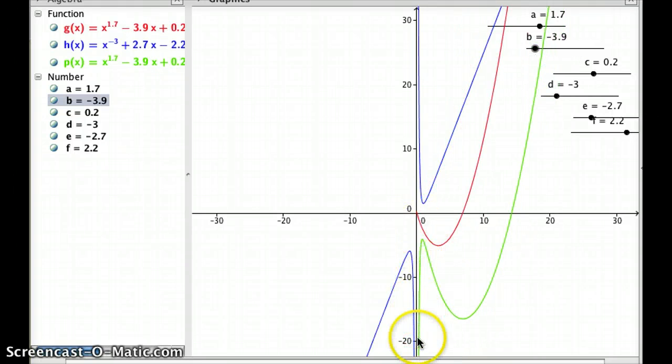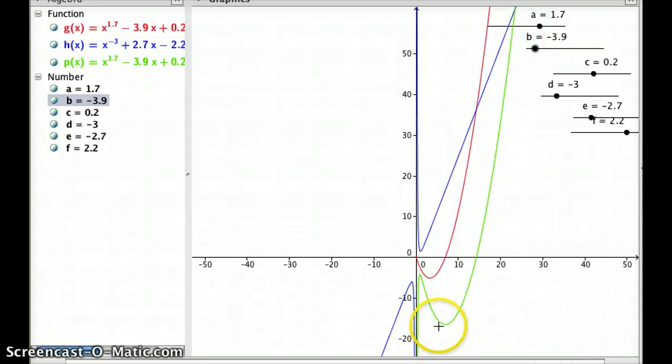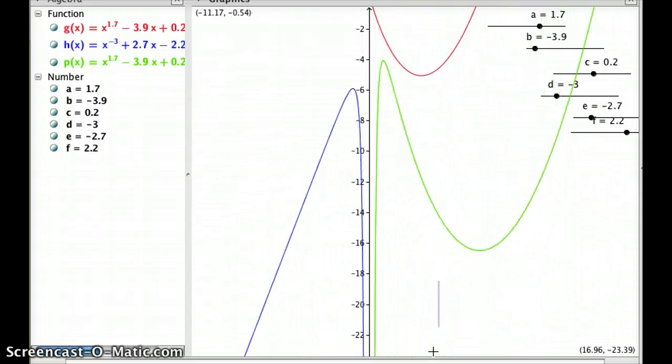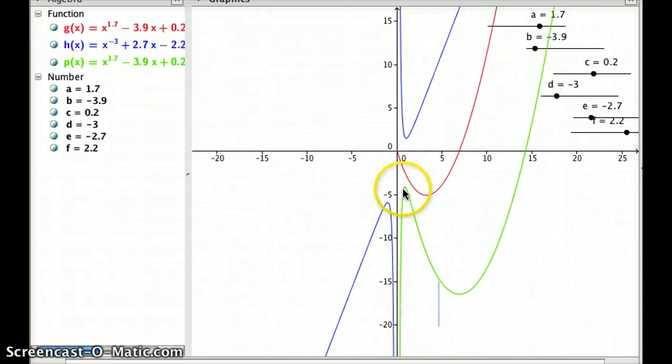The line here of p of x is never going to touch the y-axis, but it has this funky whoop right here, and then it becomes this line, never going to touch. And neither is h of x right now. H of x on both sides, here and down here, are never actually going to touch the y-axis.